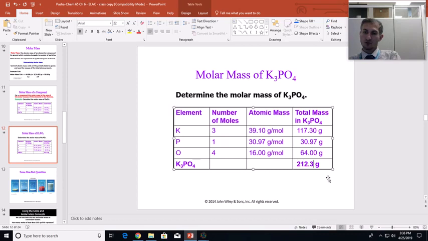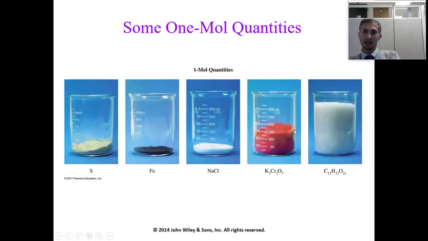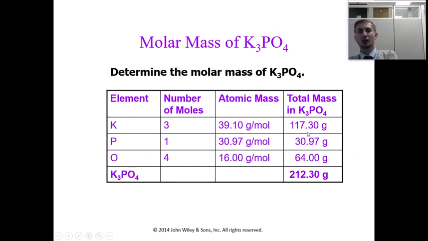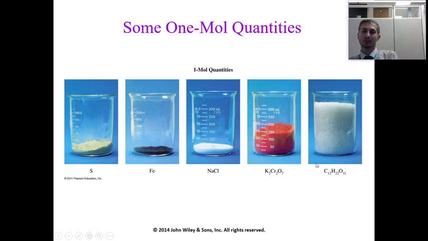And right now, we should report our final answer like this one. So as you see here, right now we have a correct one. If you use 39.10 times 3, your calculator gives you 117.3. That is not the correct one. You need to report by proper decimal places.